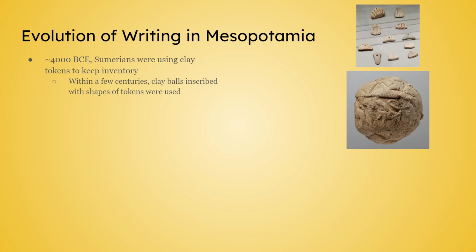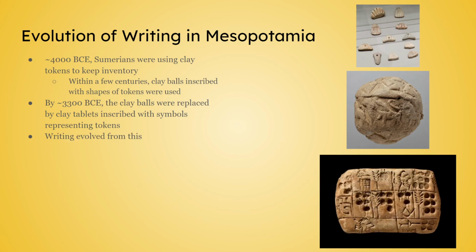And within a few centuries, they created clay balls that were hollow and filled with these clay tokens, with the shapes of the clay tokens inscribed on the outside. And by around 3300 BCE, like 700 years later, the clay balls were replaced by clay tablets inscribed with the symbols that represented the tokens. And from this, writing evolved.